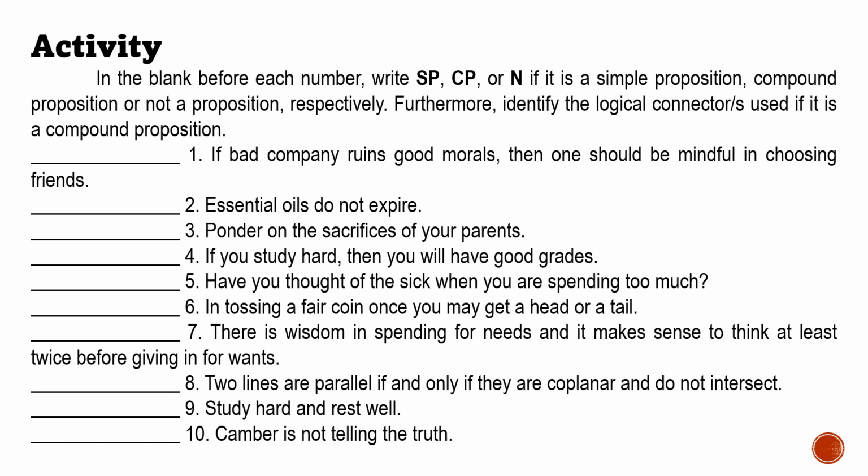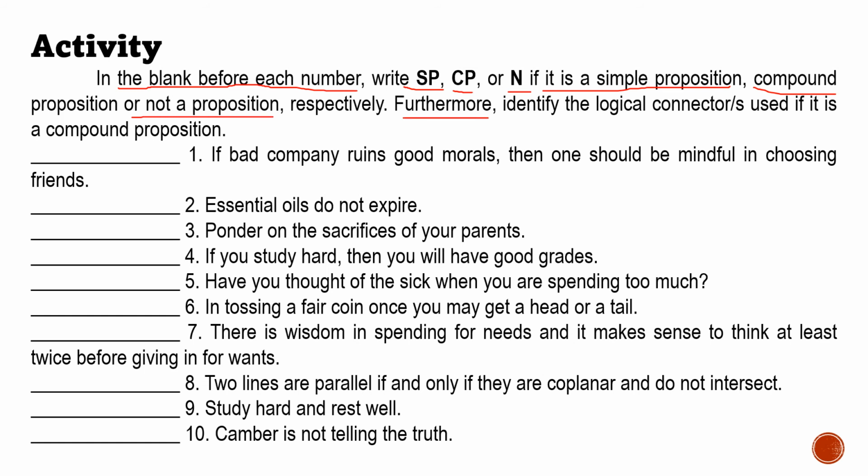So for your activity, in the blank before each number, write SP if that is a simple proposition, CP if that is a compound proposition, and N if it falls under not a proposition. So if it is a simple proposition, compound proposition, or not a proposition respectively.